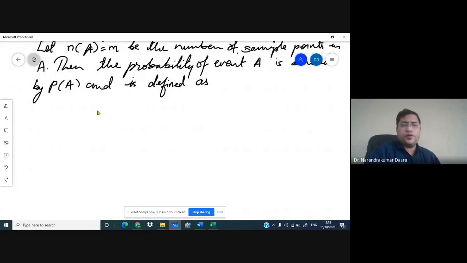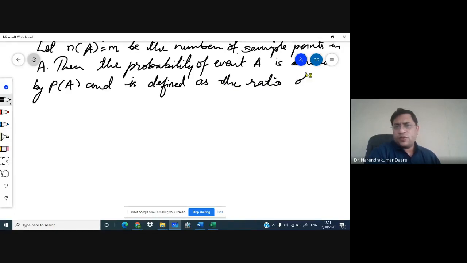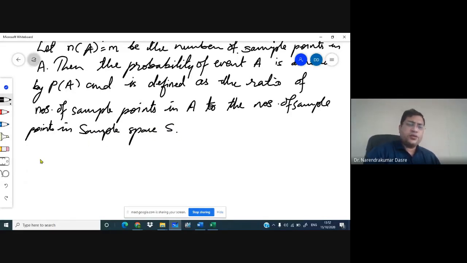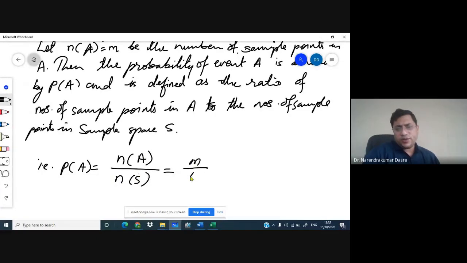We define it as the ratio of the number of sample points in A to the number of sample points in sample space S. So the probability of any event A is equal to the number of sample points in A upon the number of sample points in S, and this we can write as m by n.